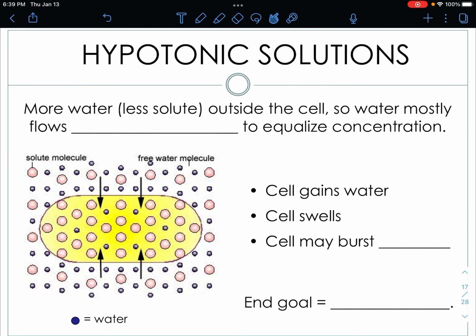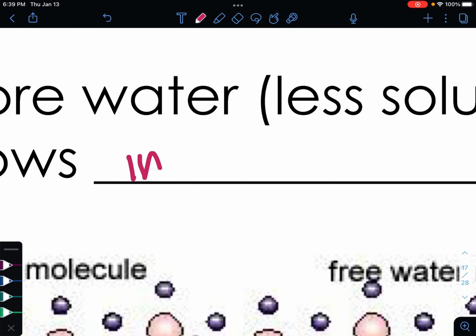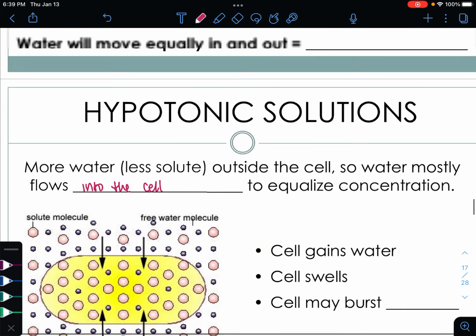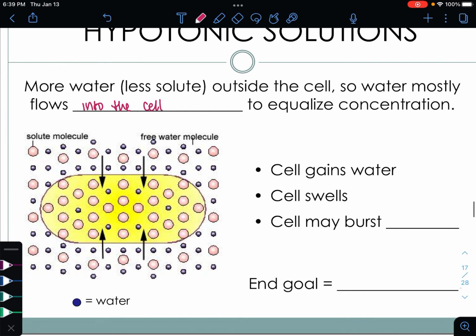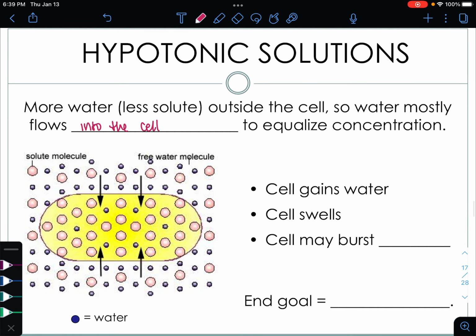All right, let's look at the hypotonic solution. So again, when we're talking about a hypotonic solution, there's going to be more water outside the cell, so water is going to mostly flow into the cell. So the characteristics of a hypotonic solution, guys, our cell is going to gain water.